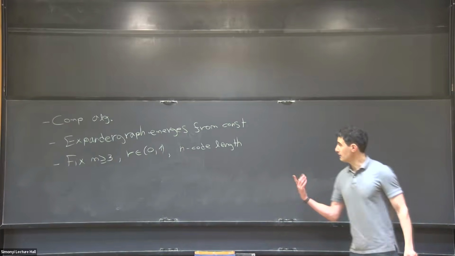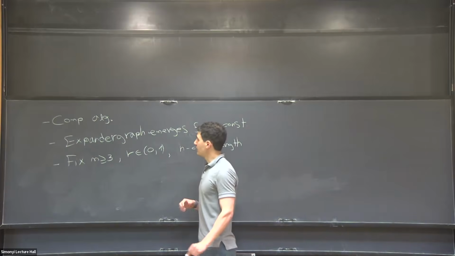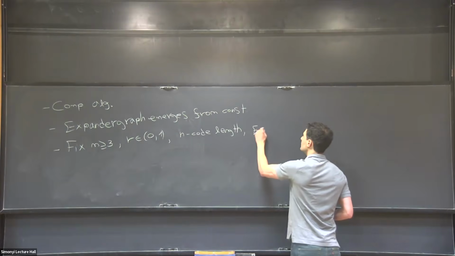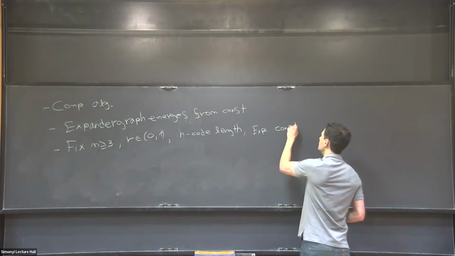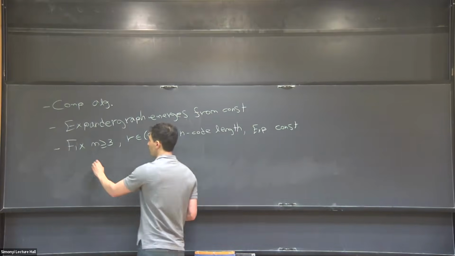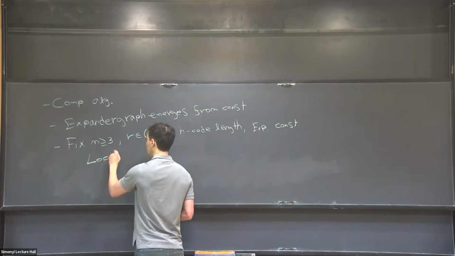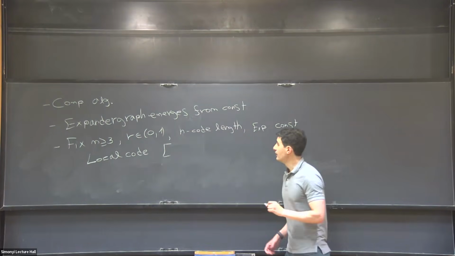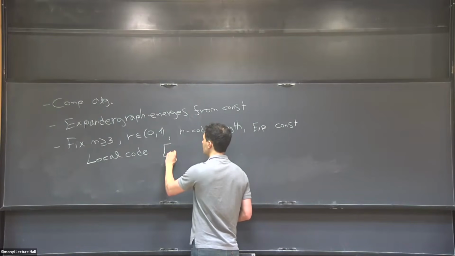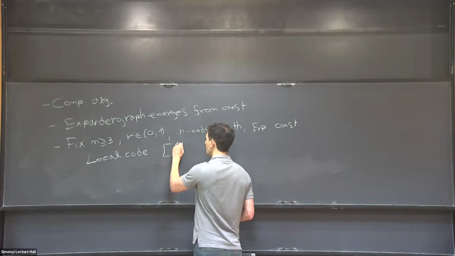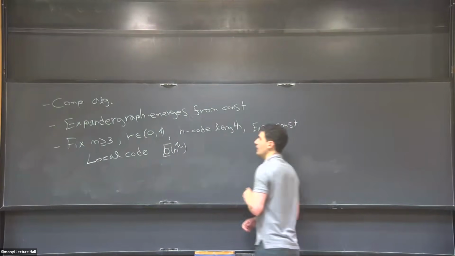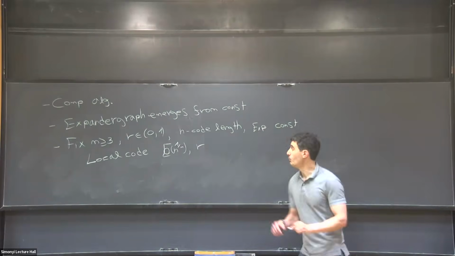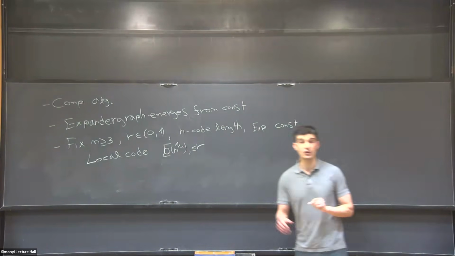So we give an explicit construction of expander codes with the following parameters. The local code is the Reed-Solomon code, where the local length is of order n to the 1/8. That's the local code. And the local rate is more or less at most r.